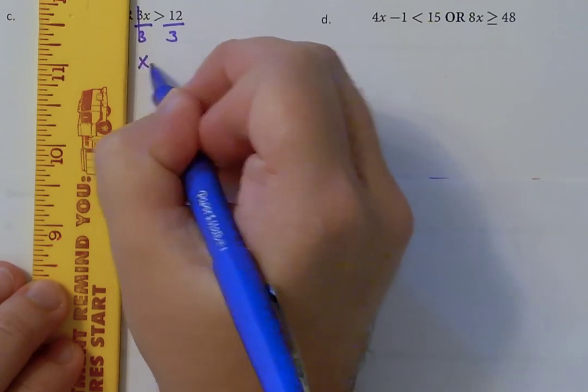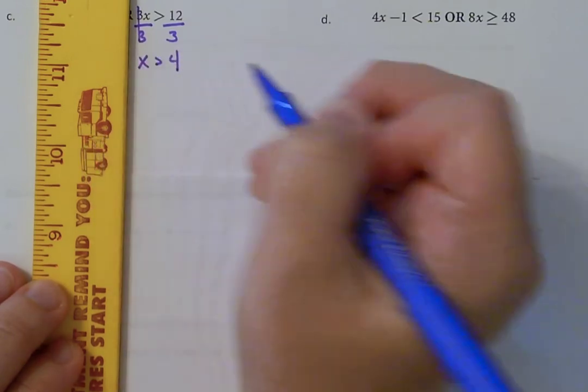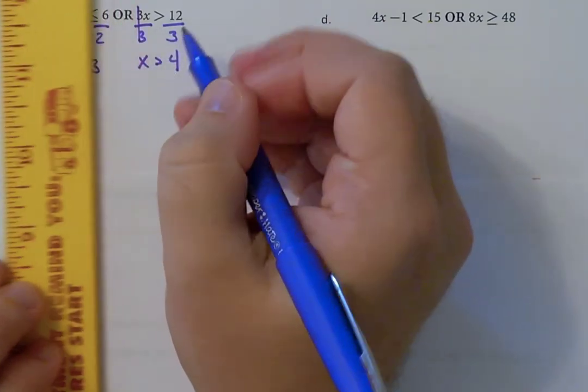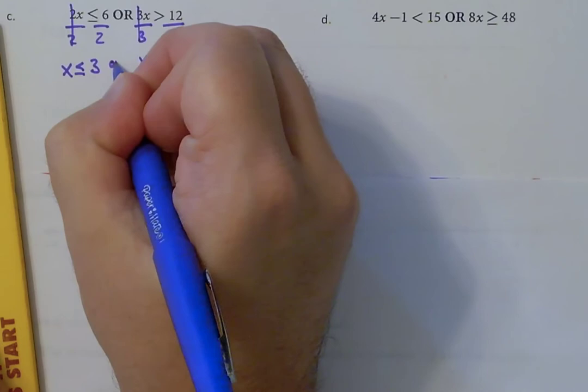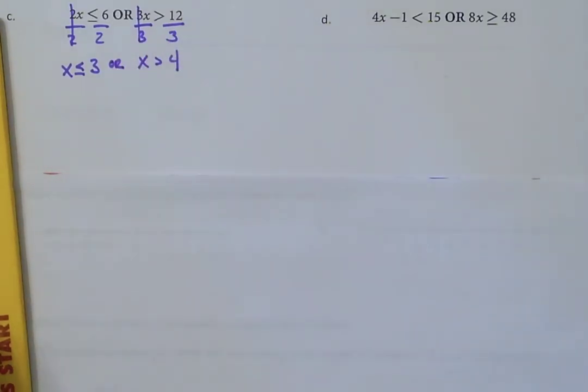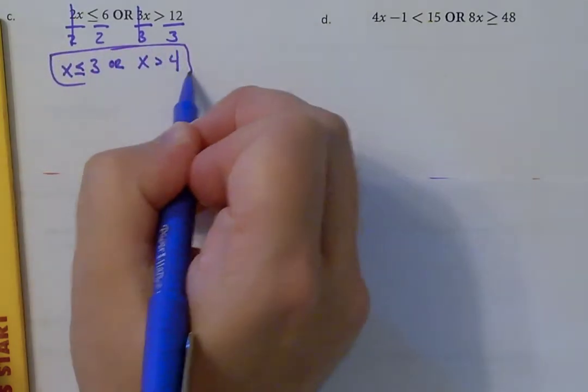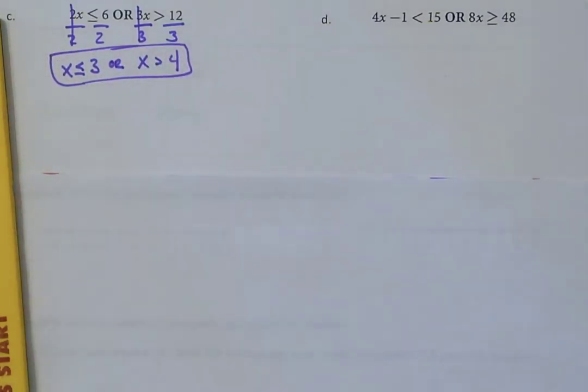So we're going to have x is greater than 4. This is completely solved for x, so we're good there. And all I have to do is just combine them by putting in the word or. So my statement is x is less than or equal to 3, or x is greater than 4.